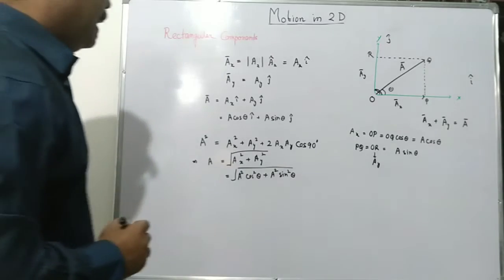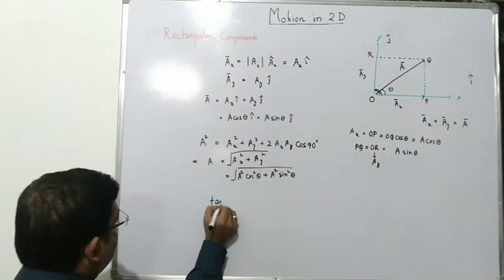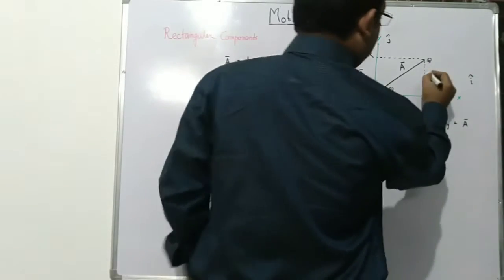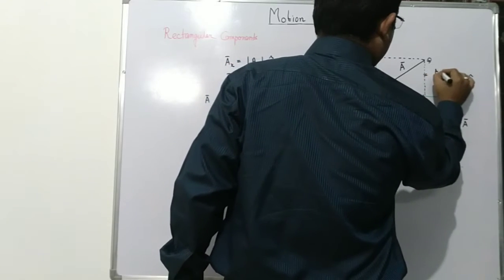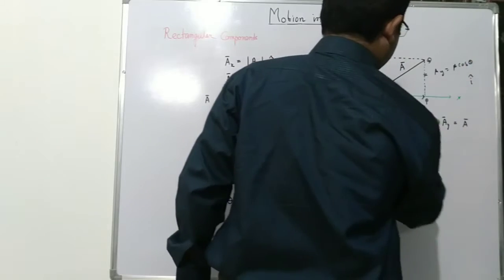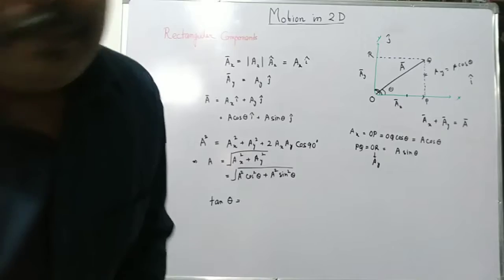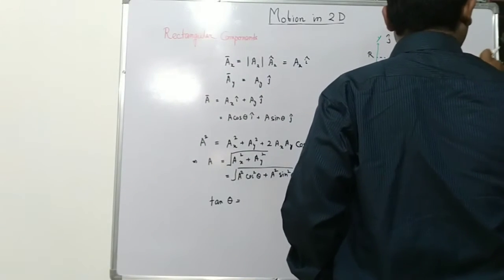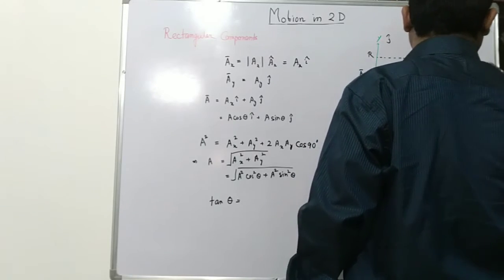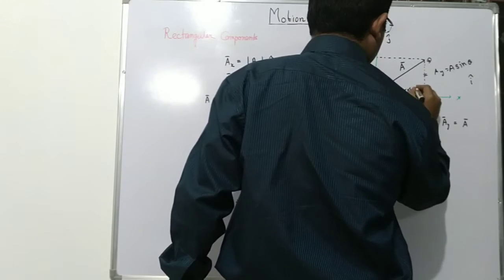And what is the angle? Tan of theta. From this diagram, tan theta is the perpendicular, which is AY, equal to A sin theta, divided by the base, which is A cos theta.